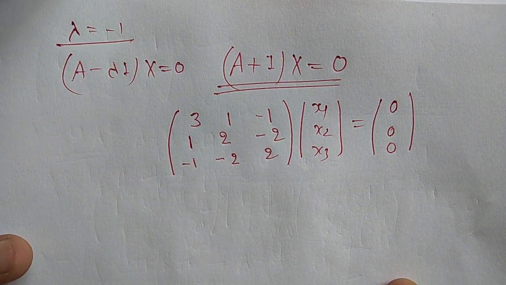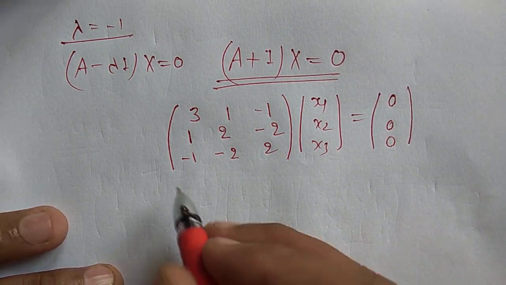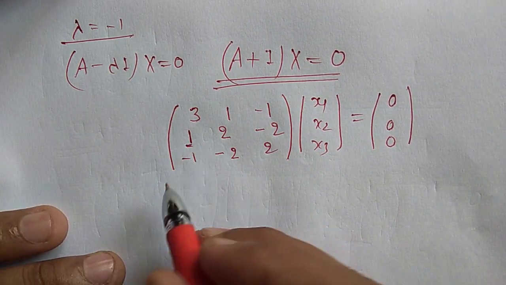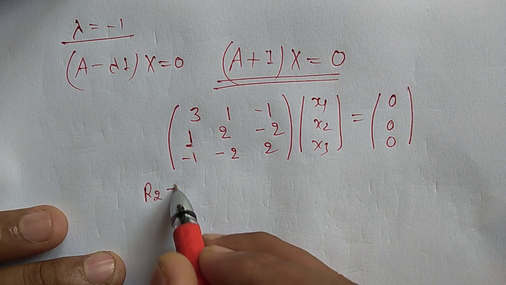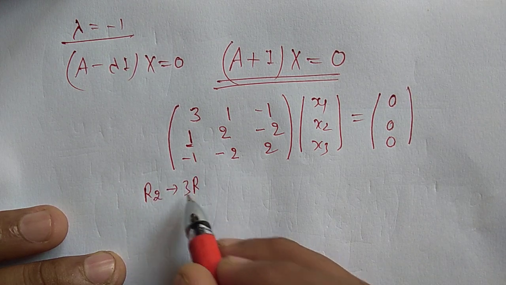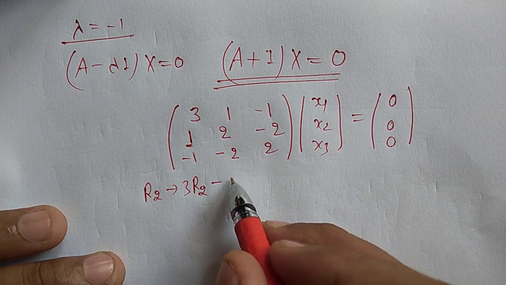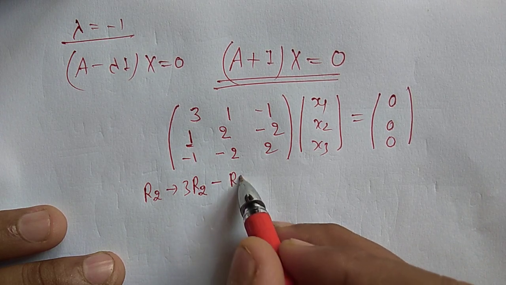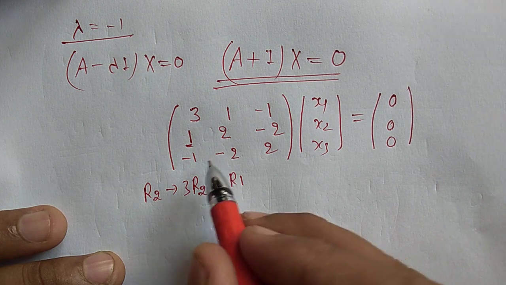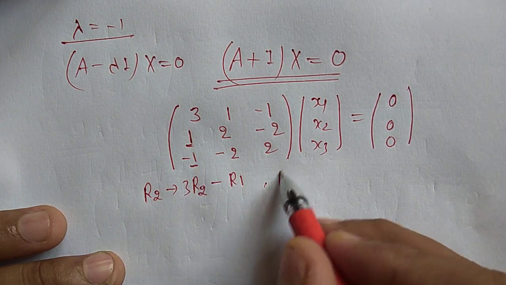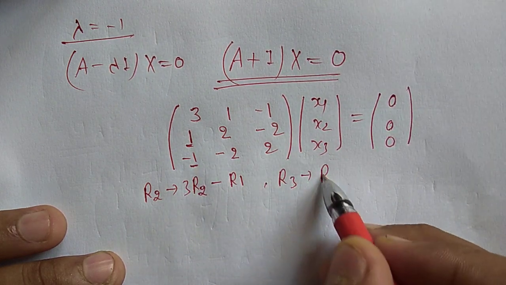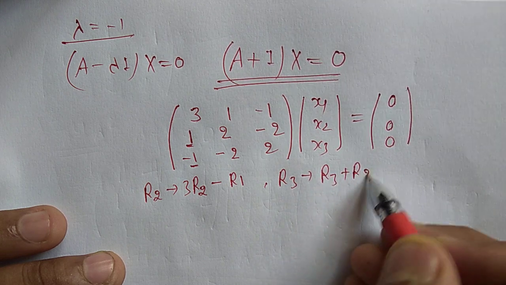So we apply the two row operations. First, if we want to make this 0, we can have R2 replaced by 3R2 minus R1, and if I want to make this 0, simply I can have R3 replaced by R3 plus R2.